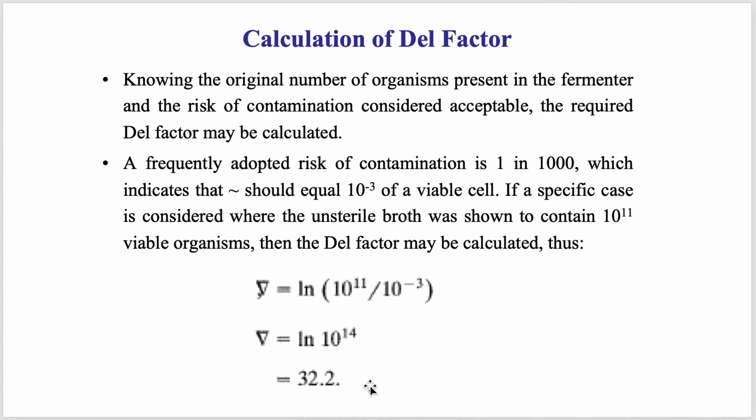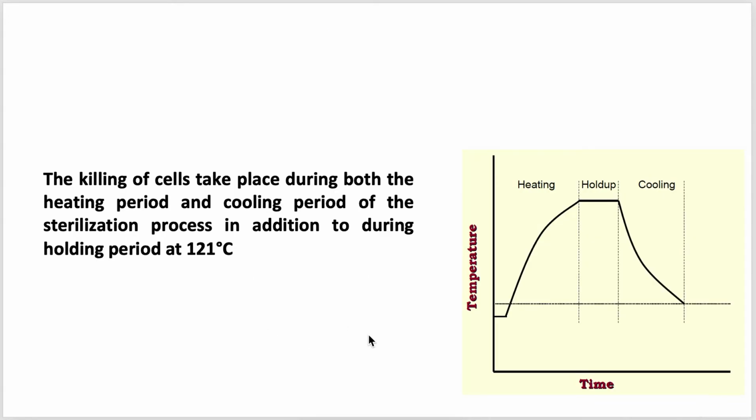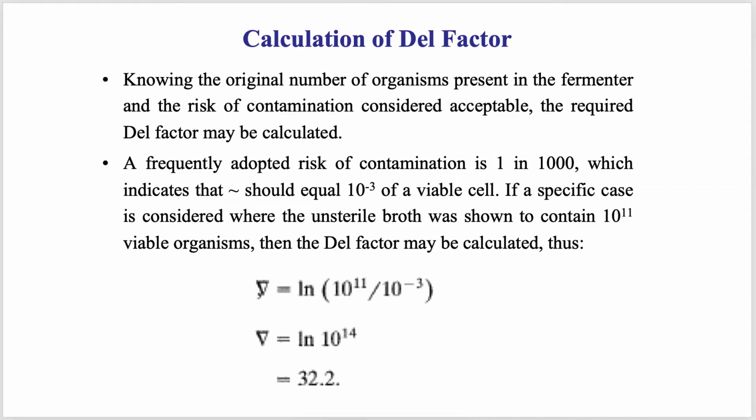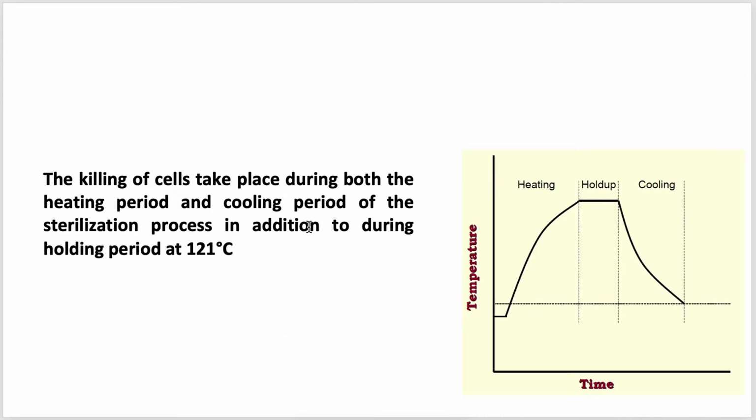Now we already saw that the batch sterilization process has three steps: heating, hold up, cooling. We also know that cells die in each of these steps. So if we want to calculate the total del factor, which is called the overall del factor, we have to consider the del factor of all these individual steps.